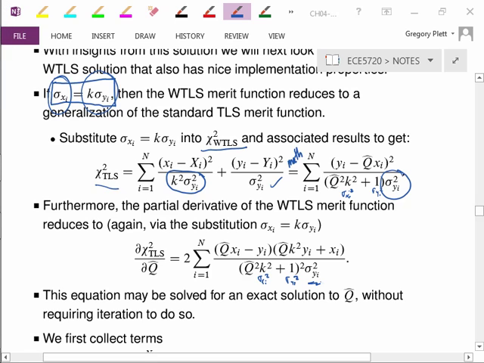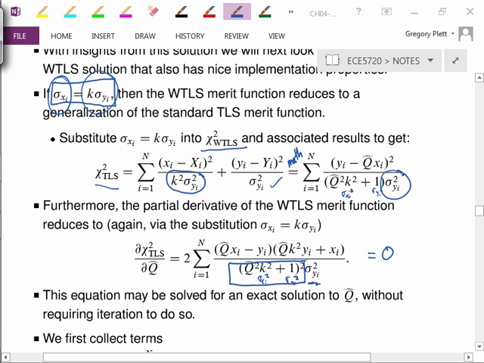Why is that key? Well, I need to set this whole thing equal to 0. Before, I couldn't clear the denominator in any kind of useful way, but now I've factored out this term, which is not a function of i.